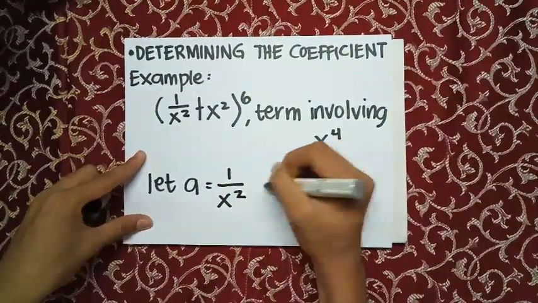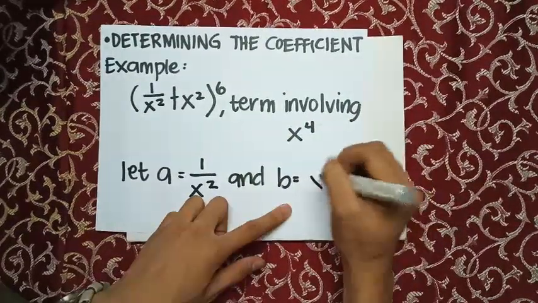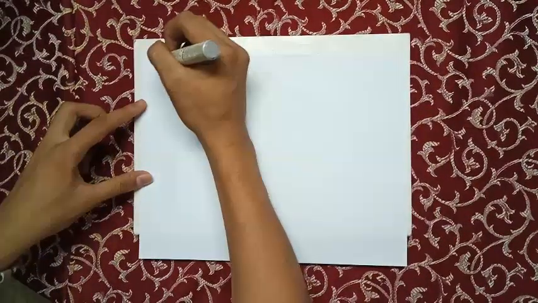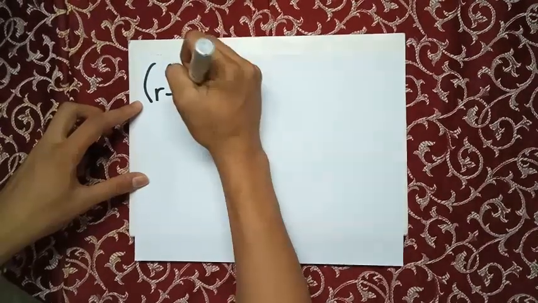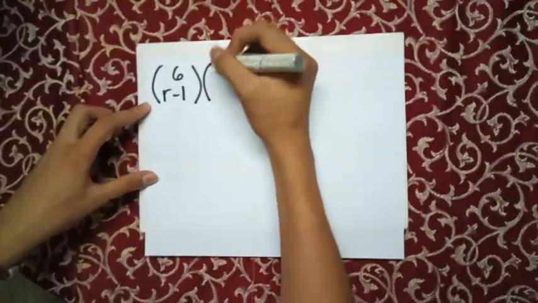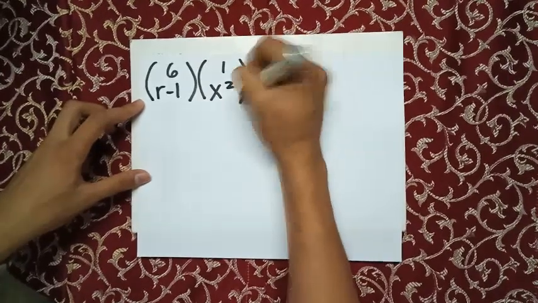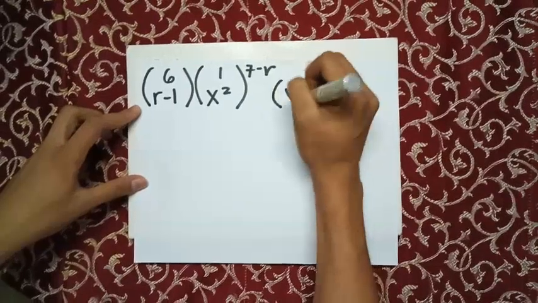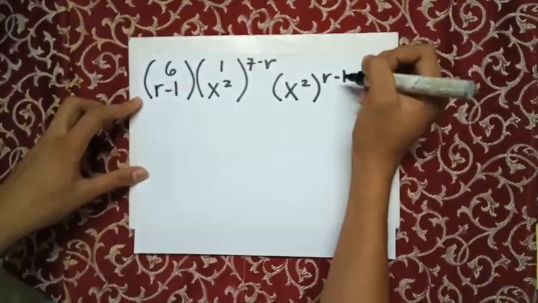Let A equal 1 over x squared and B equal x squared. The R term of the expansion is given by the quantity 6 choose R minus 1 times the quantity 1 over x squared raised to 7 minus R times the quantity x squared raised to R minus 1.